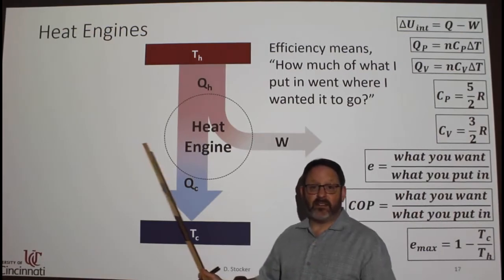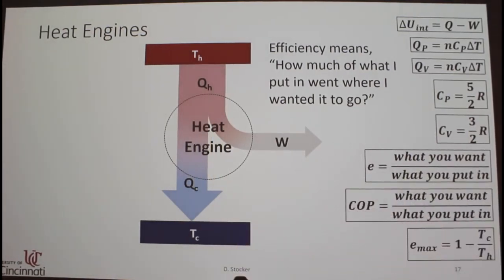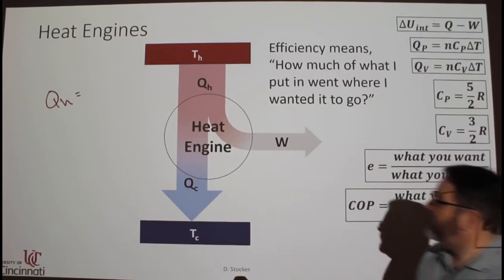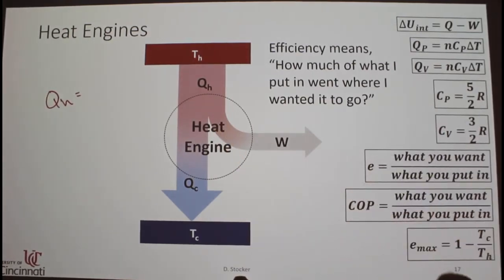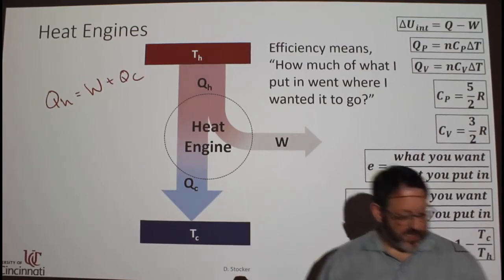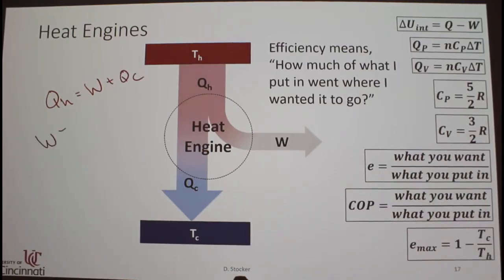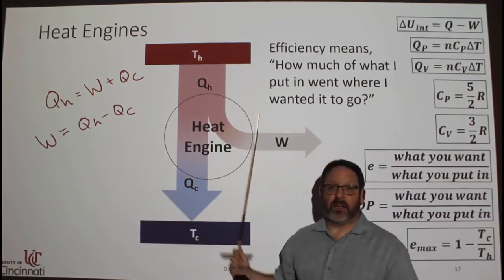Now if you look at it this way, you can see that QH equals work plus QC. Or in other words, if we rearrange that, the work done is QH minus QC.